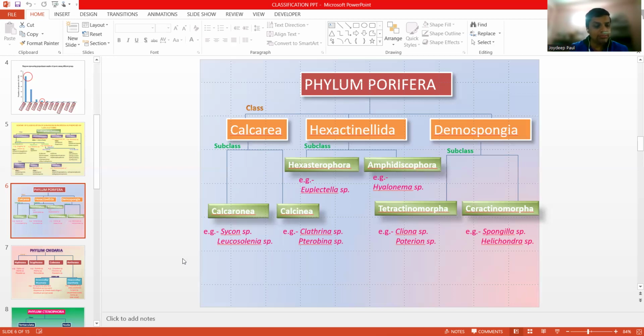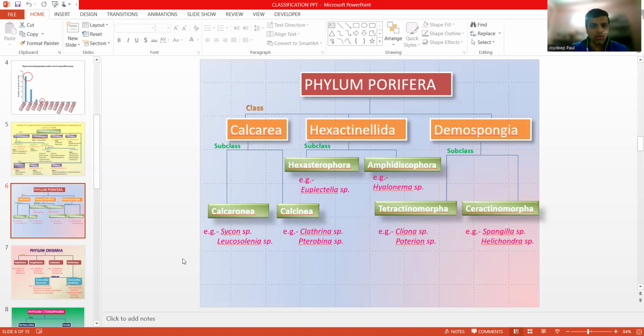The lack of conspicuous movement of the body of sponges convinced ancient researchers or naturalists like Aristotle and others that sponges were plants.